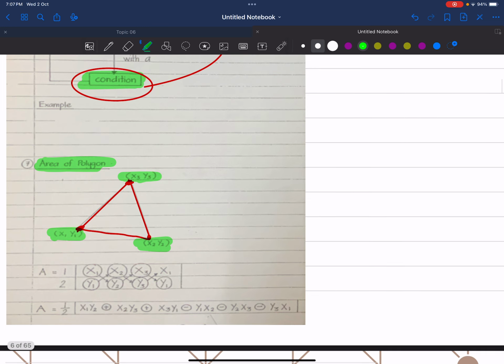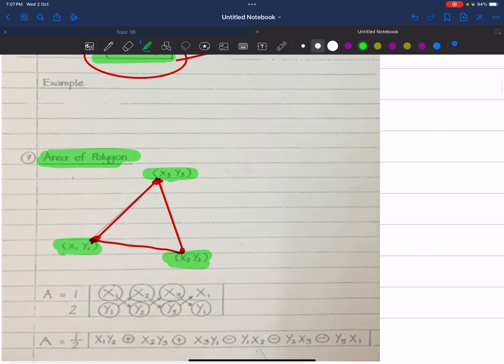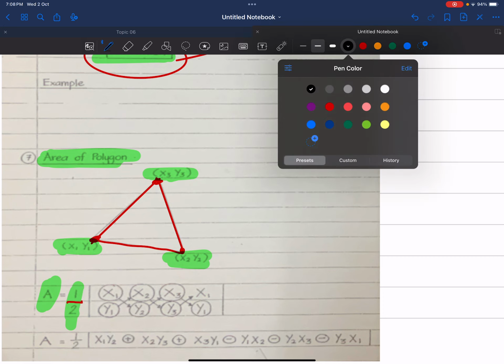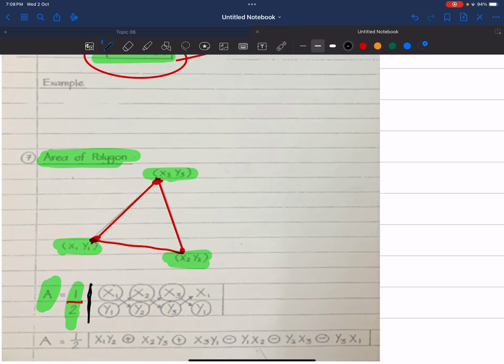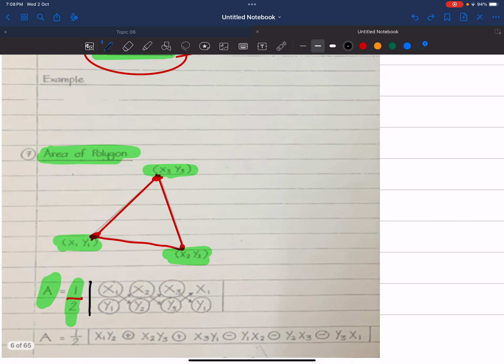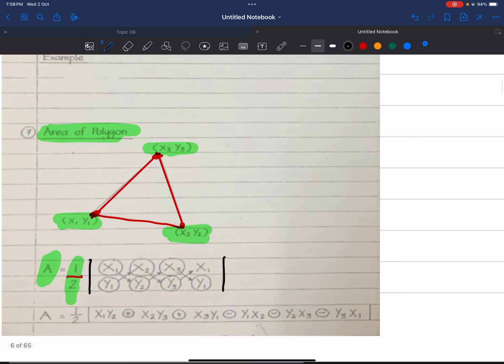Now the formula for the area of a polygon is one half, and then you draw the modulus. Write the modulus, and then start with one of the coordinates. You can start with any coordinate.